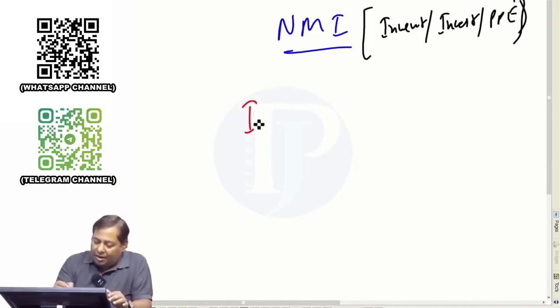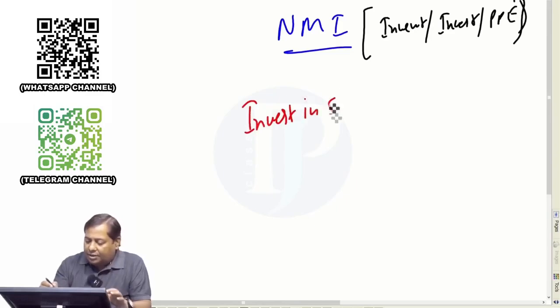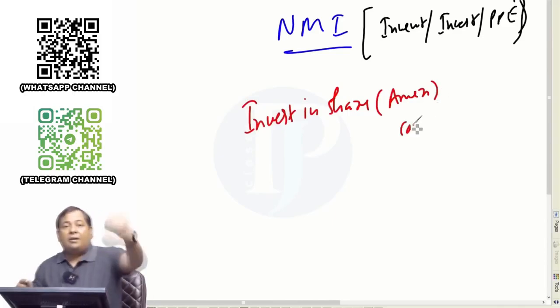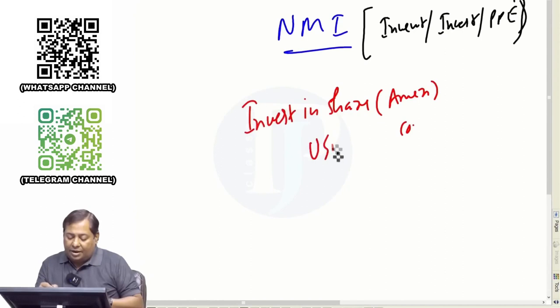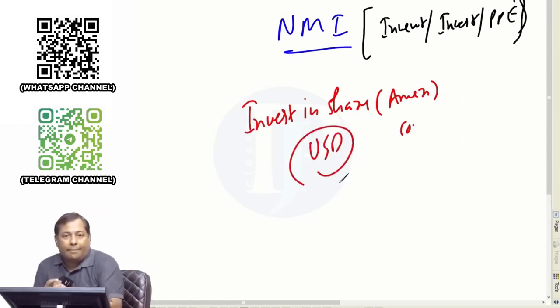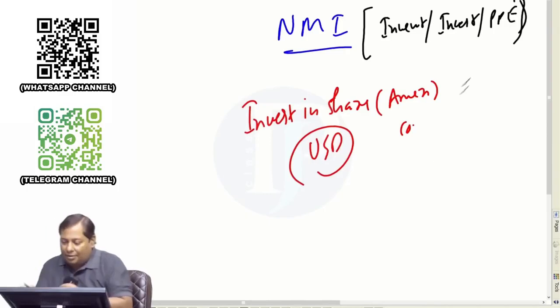Let's say I bought an investment, shares of an American company. I bought shares of Apple and made the payment in USD. I am living in India, and I can buy American companies' shares, right?